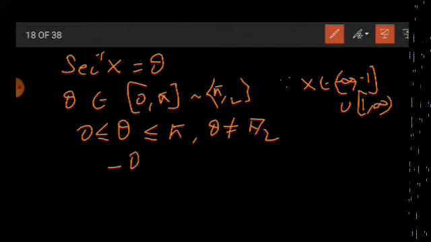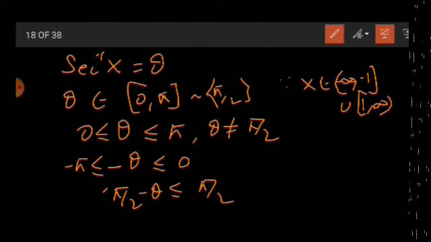So what about minus theta? The inequality reverses, so minus theta lies between minus pi and 0. If you add pi by 2, then pi by 2 minus theta becomes pi by 2 at one end, and adding pi by 2 to minus pi gives minus pi by 2.